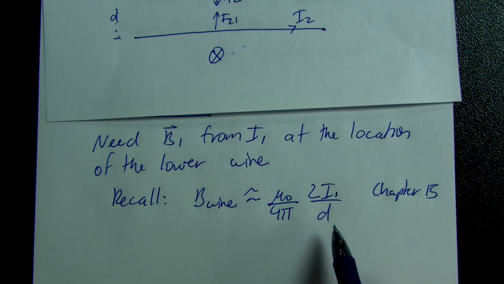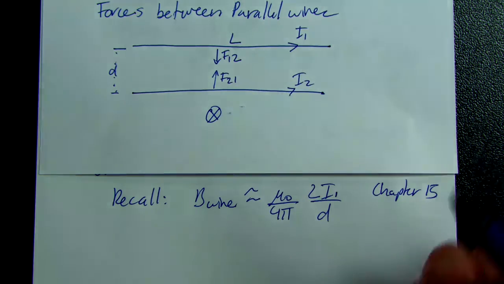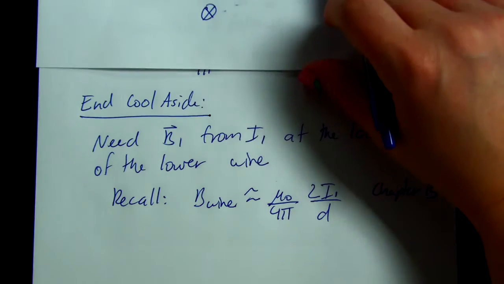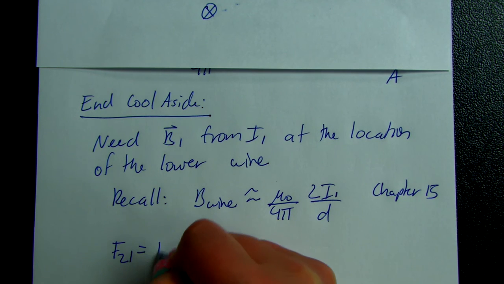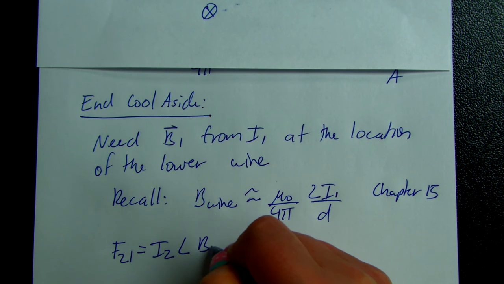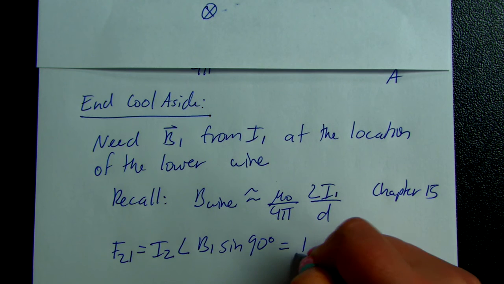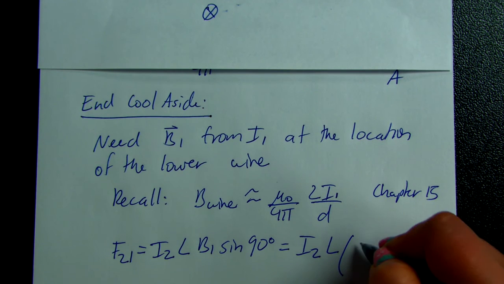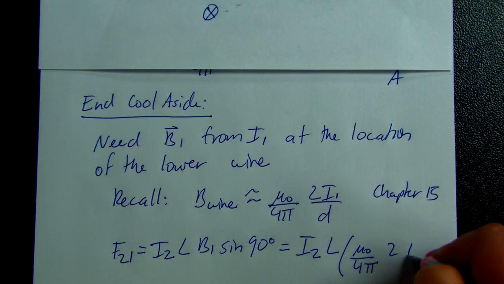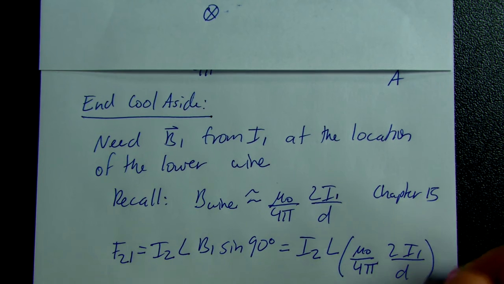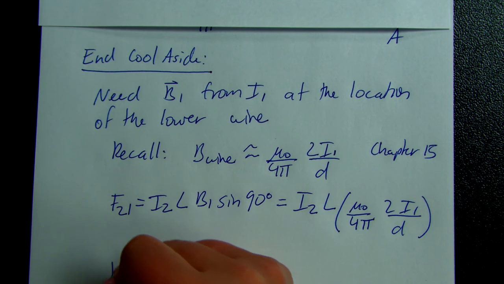All right, so the force exerted on the lower wire from the upper wire. So F21 is equal to I2L B1 sine of 90 degrees, which is equal to I2L mu naught over 4 pi, 2I1 over D. And the direction of this force is up.